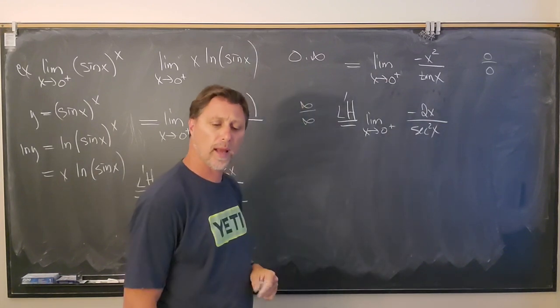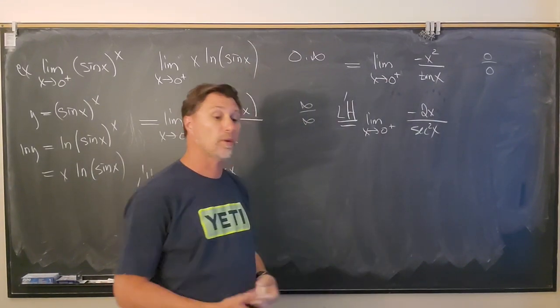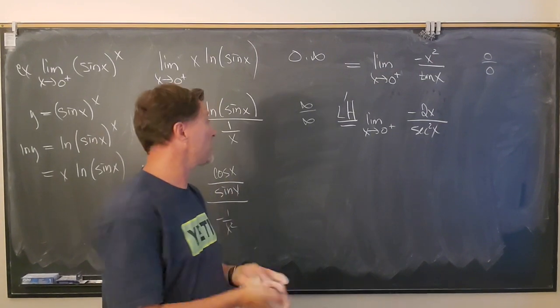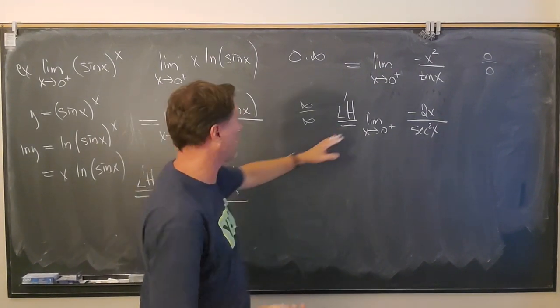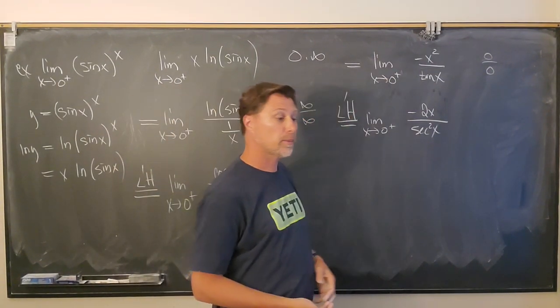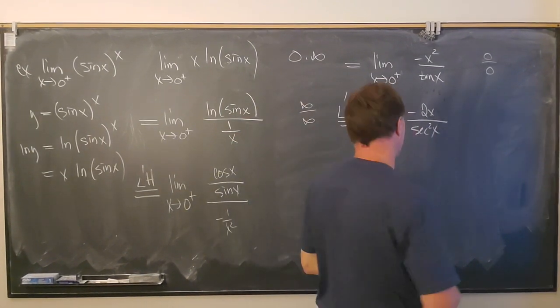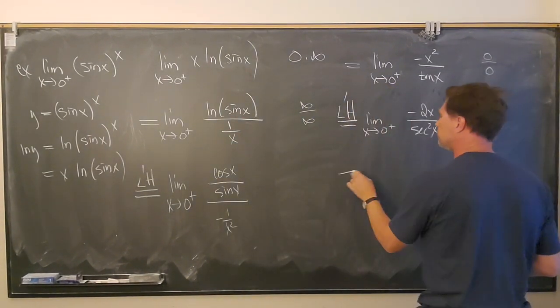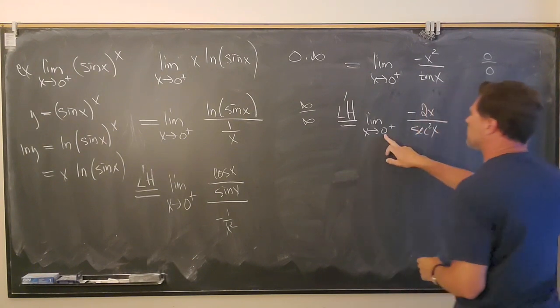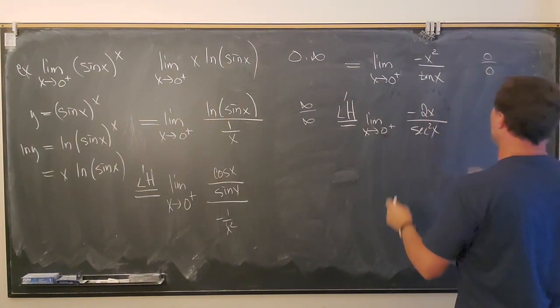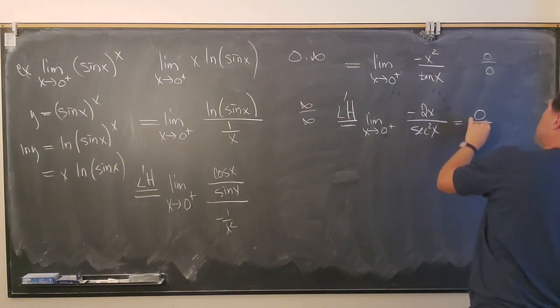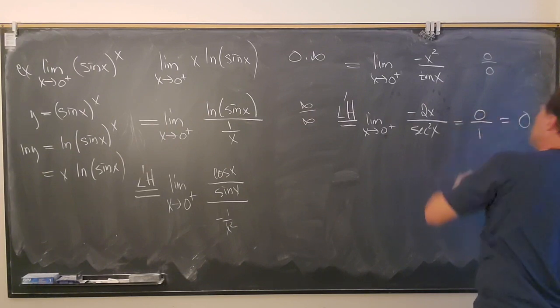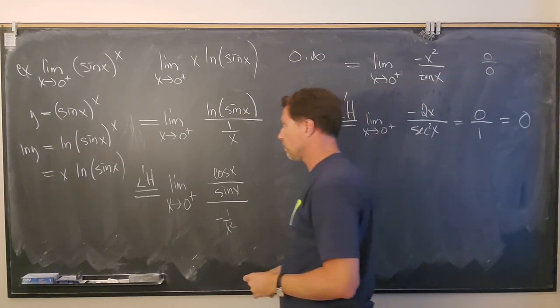And I should point out, every time you get an indeterminate form, you can apply L'Hopital's rule. Sometimes when you take the derivative of the top and the bottom, you get another indeterminate form, which means you can apply L'Hopital's rule multiple times. But in this case, as x approaches 0, the numerator is approaching 0, the denominator is approaching 1, so we get 0 over 1, which is 0.